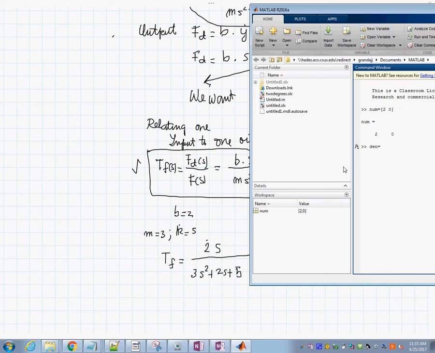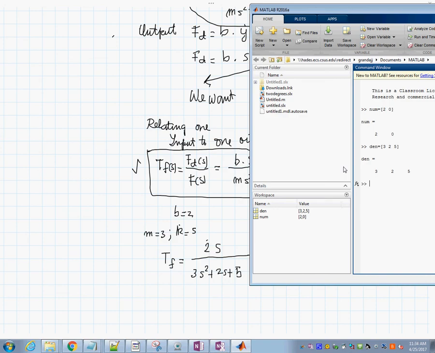We need this parenthesis. This is the correct parenthesis. So this would be 3, then a 2, and then a 5, then close the parenthesis, and I have the denominator.